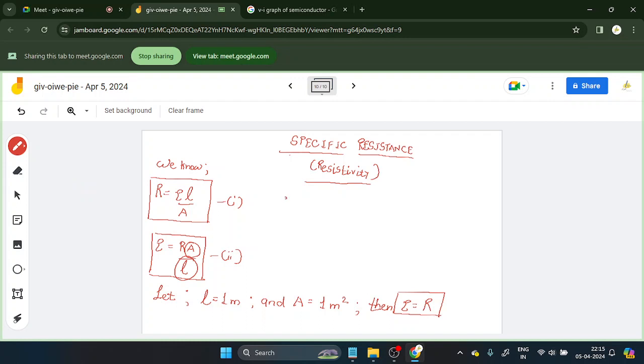So we can easily define resistivity now. Therefore, how can we define resistivity or specific resistance, same thing?